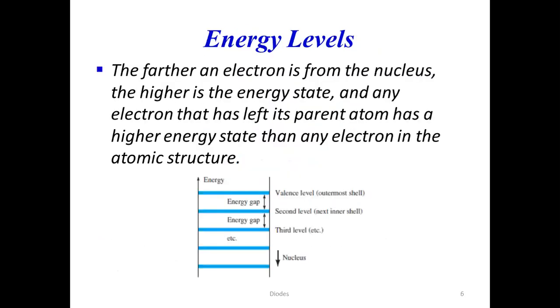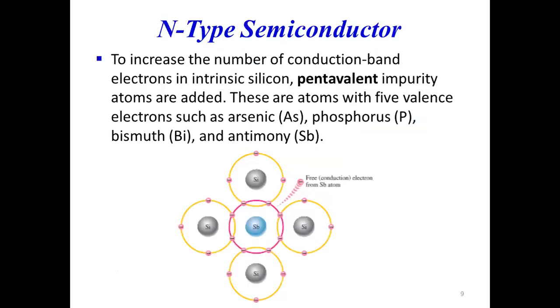Okay, so let us see what is N-type and what is P-type semiconductor. N-type and P-type semiconductor means a semiconductor having some impurity. That impurity may be a pentavalent impurity or it may be a trivalent impurity. Now, if you see this particular diagram, here 4 silicon atoms are shown and 1 atom is shown which is antimony.